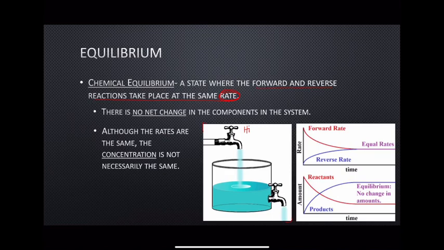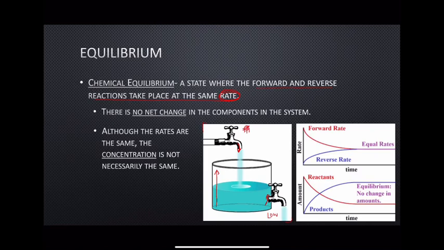We opened that one wide open, and we had this one on low, just barely opened it. What would happen to the water in that tank? Well, you should say that the water level would rise, right? This reaction is proceeding faster than this reaction.